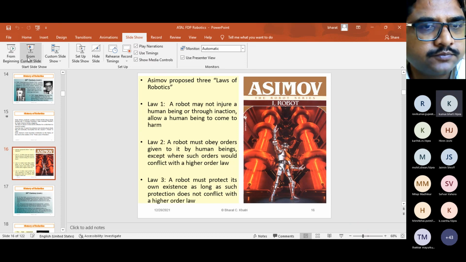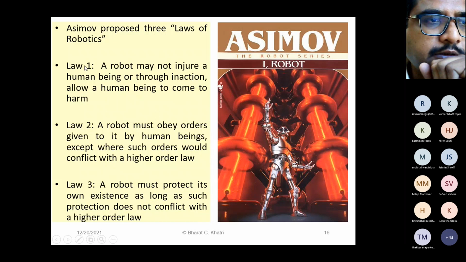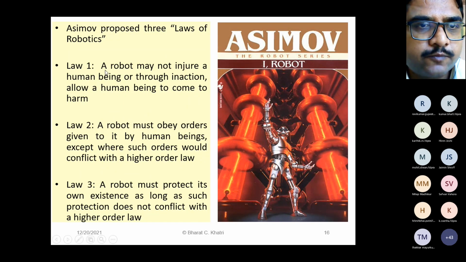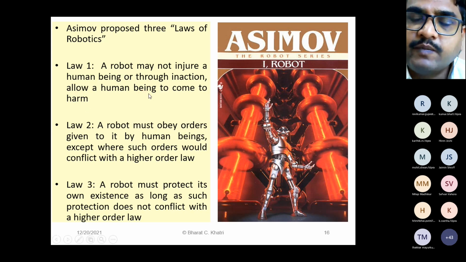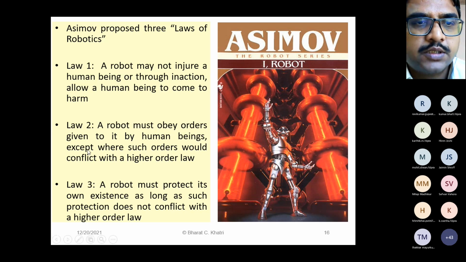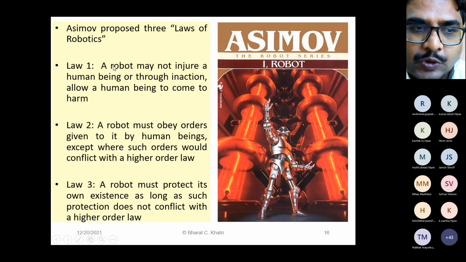So here, law one is that the robot may not injure human beings during its work or any interaction with human beings, nor allow a human to come to harm. Second, a robot must obey the orders given by human beings, but it should take care of the first law.